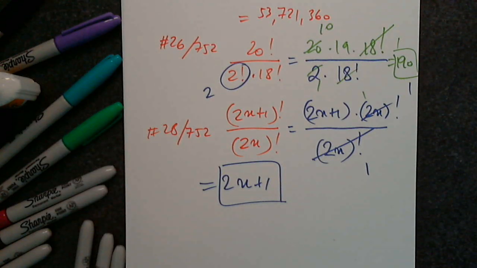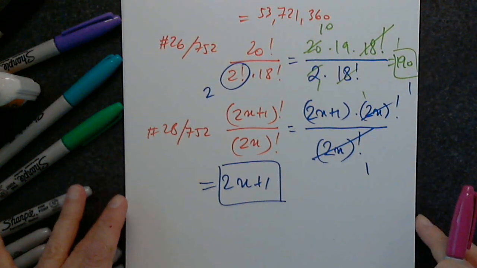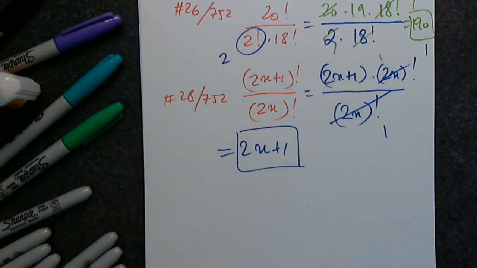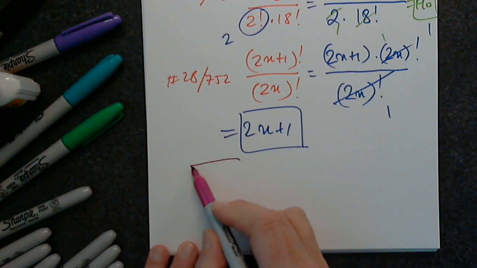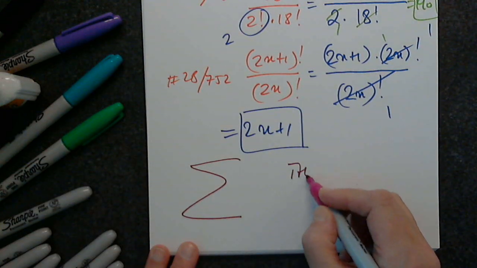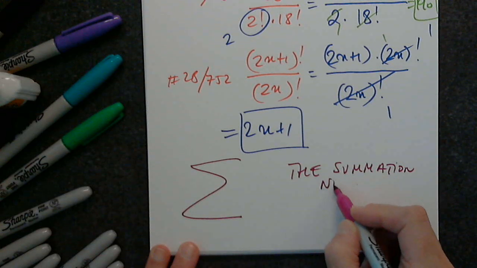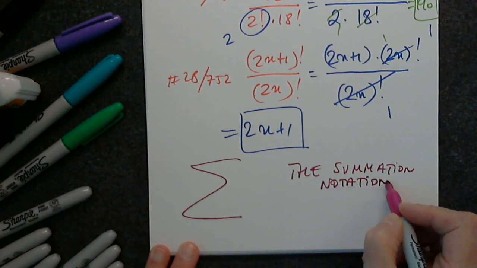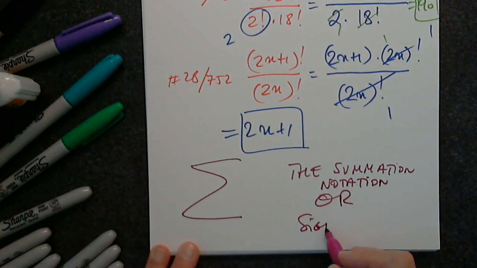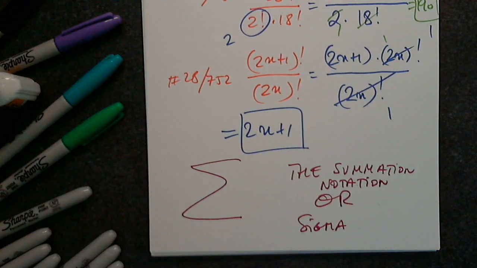Yes? Okay, there is another preliminary before we talk about sequences, and that is the summation notation, also called the sigma notation. So this letter is the Greek letter S, sum.